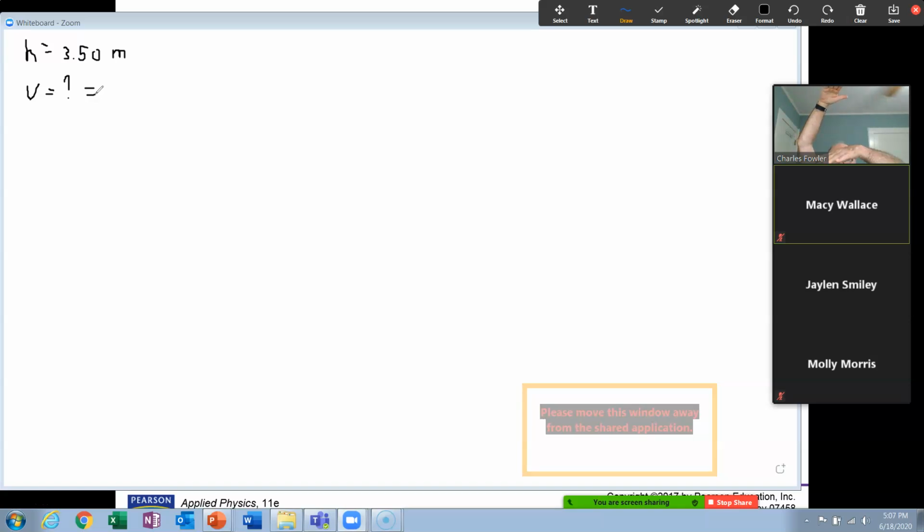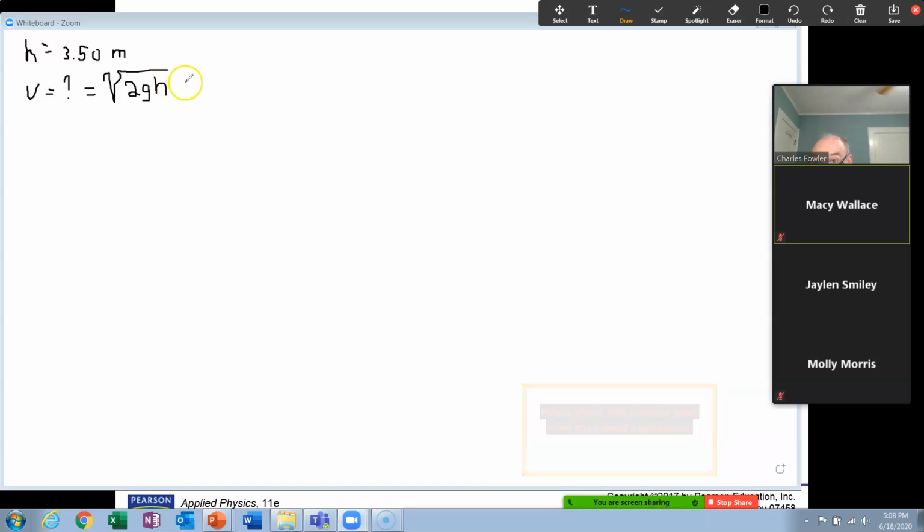The potential energy at the top, gravitational potential energy, mgh. The m's cancel out, and then you have V is equal to, and here's the formula they got, bottom of page 219, V is equal to the square root of 2gh. And believe it or not, that's all there is to it. Okay?